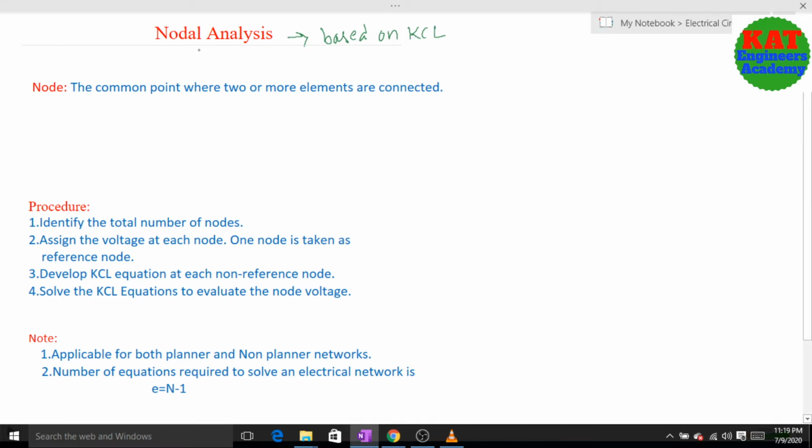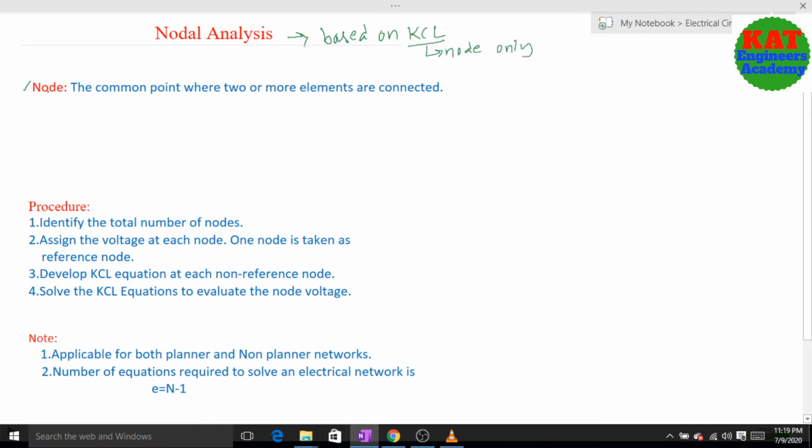Before we enter into the nodal analysis, first we have to know what is meant by a node, because KCL depends upon nodes only.